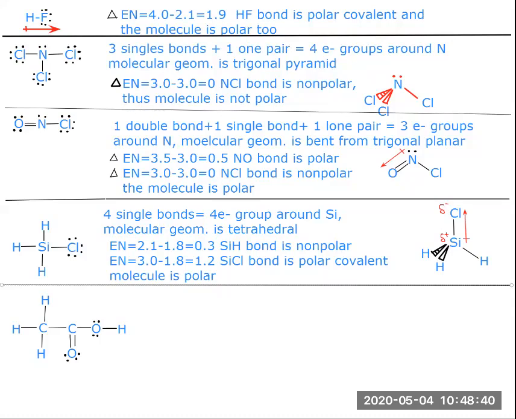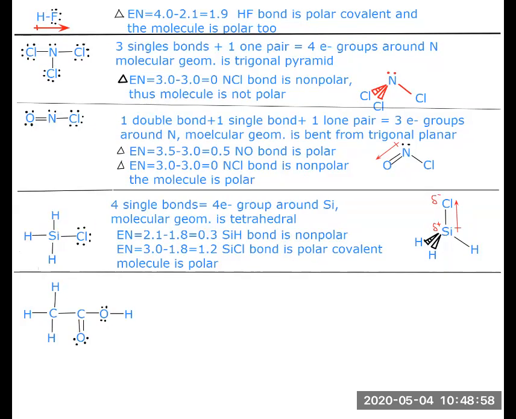So we can continue with the last molecule here, which is acetic acid, actually. Okay, so that's more complicated. We have many more kinds of bonds, and the shape. When we are trying to find the shape of a molecule that has more than one central atom, you will need to determine the shape around each potential central atom.